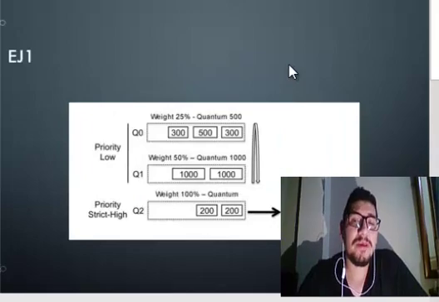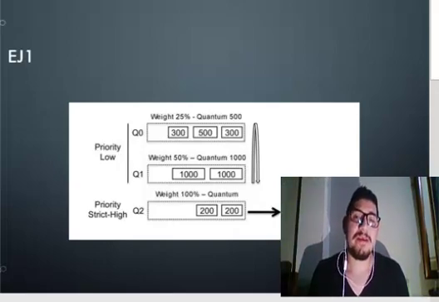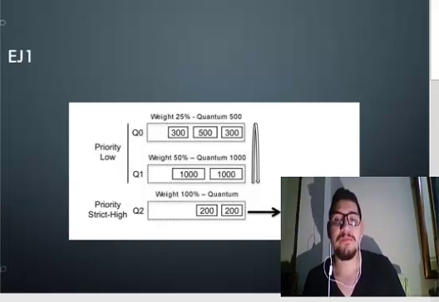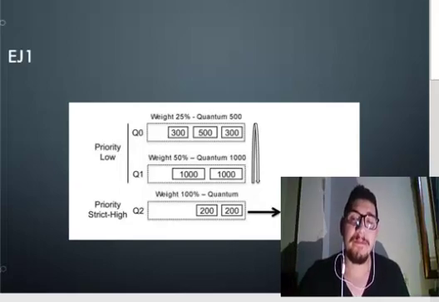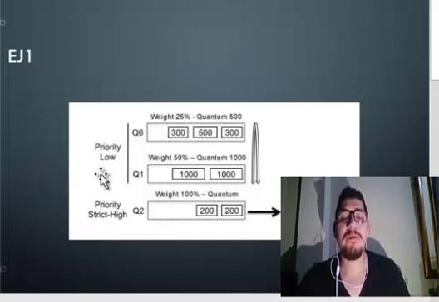In the first example, we can show the structure of this algorithm. In this algorithm, we can see how we have three queues: Q0, Q1, and Q2, of which we have two types of priority: the high priority and the low priority.